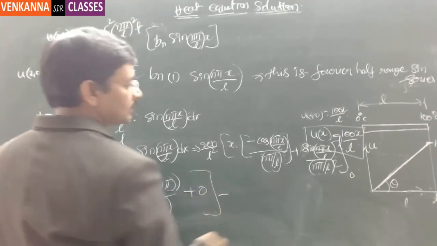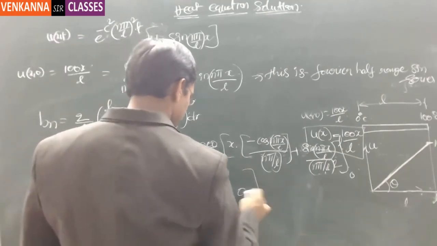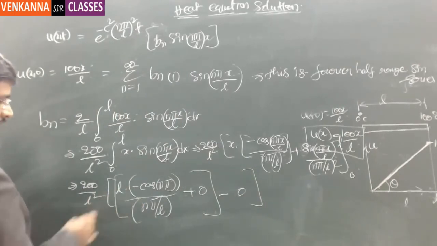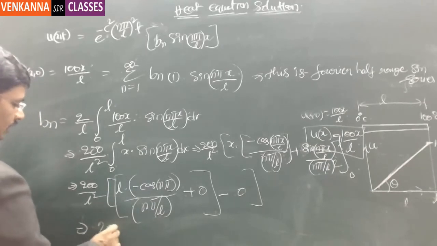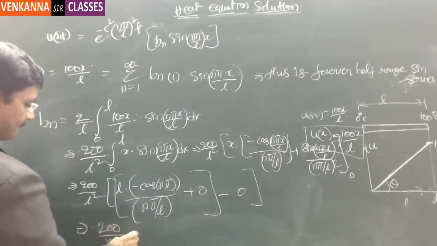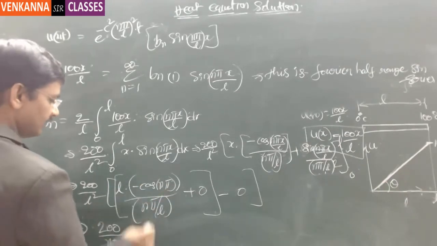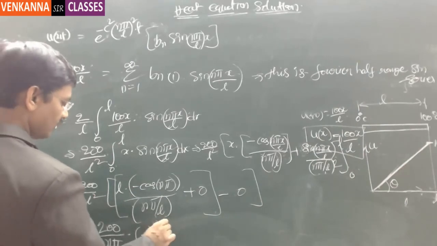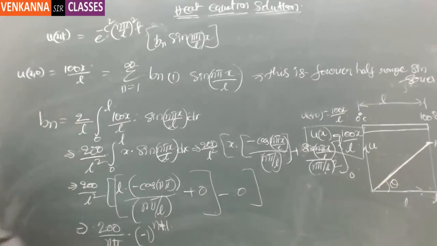If you substitute 0, this part is 0 and this part is also 0. So this is n pi by L, L square will cancel, 200 by n pi into minus cos n pi. Minus cos n pi is minus 1 whole power n plus 1, because the minus is extra. So 200 by n pi times minus 1 whole power n plus 1.